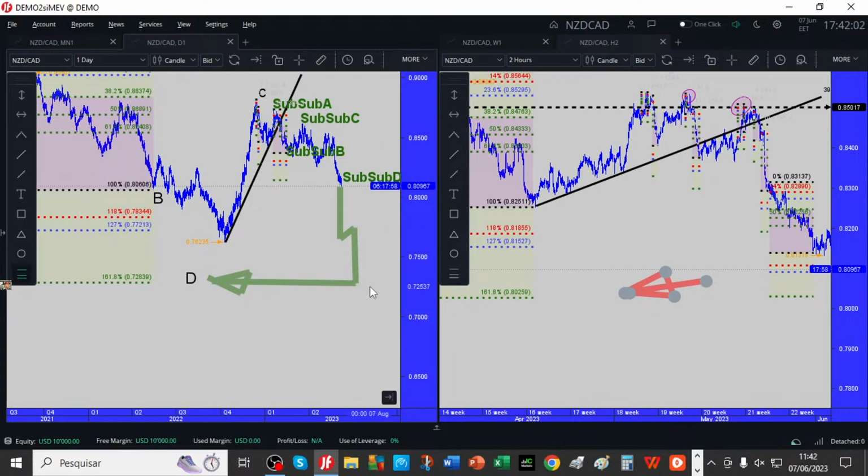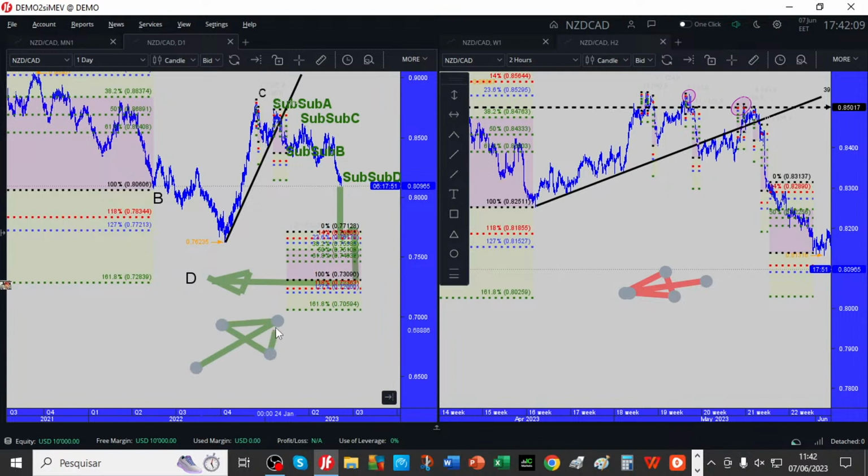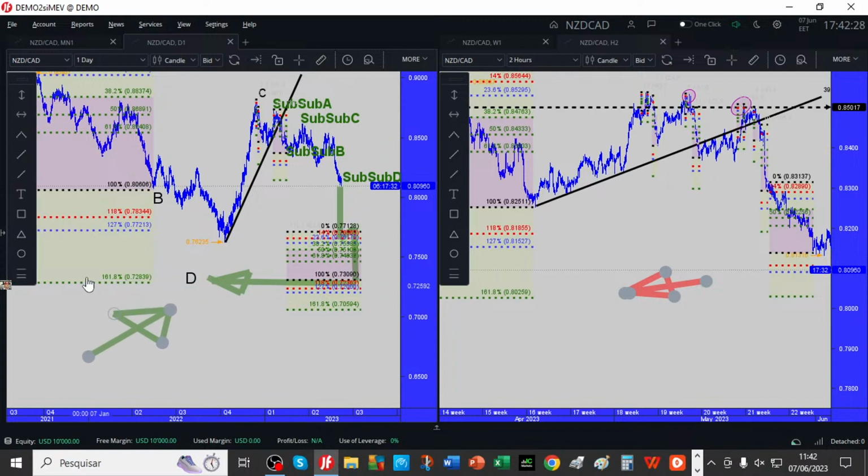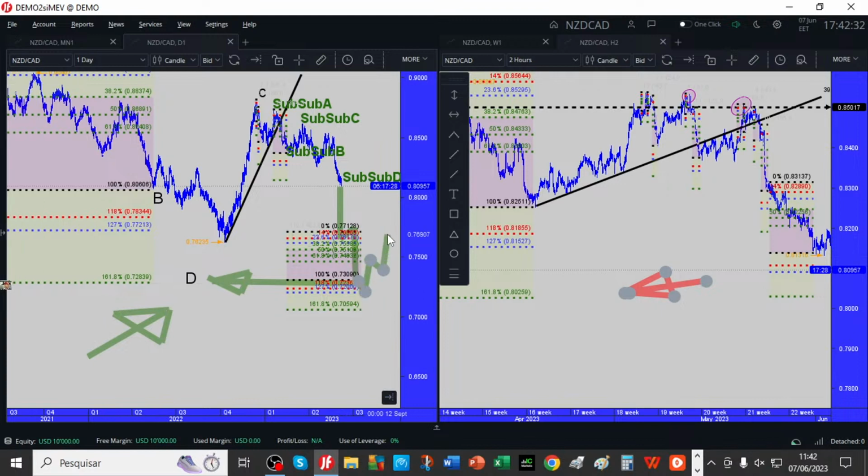But on the 1 hour, 2 hour, 4 hour chart, your D extension could be lower. When this happens, that the D extension on the smaller time frame is below the D extension on the higher time frame, be very careful, because the higher time frame Fibonacci tends to start retracing again.